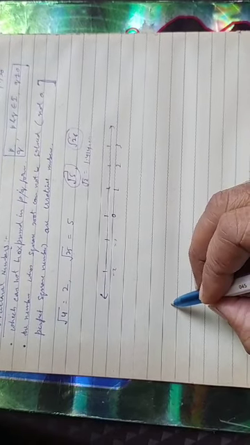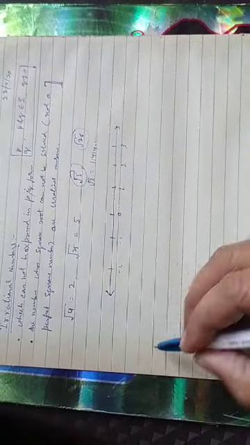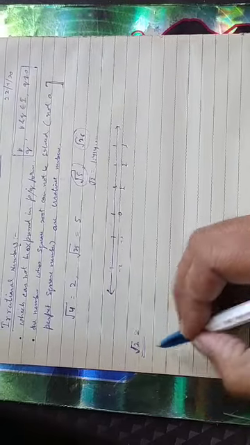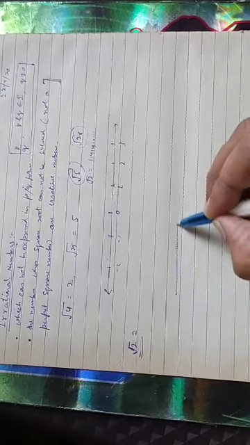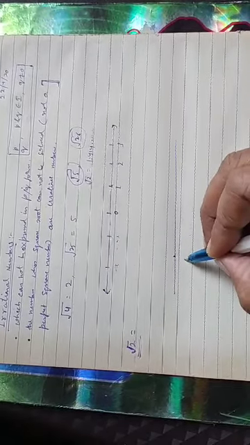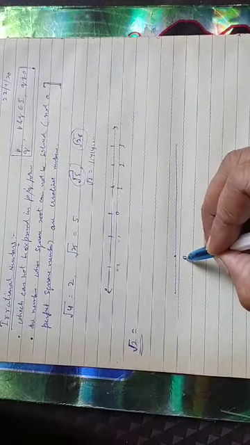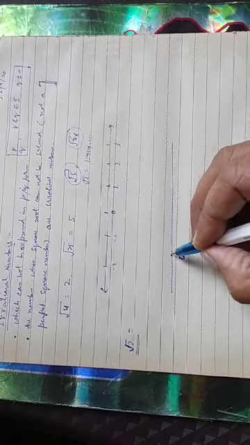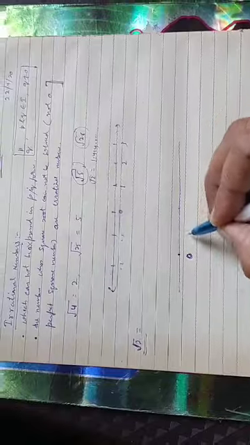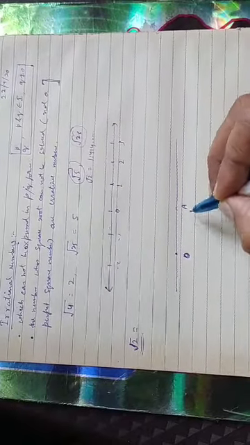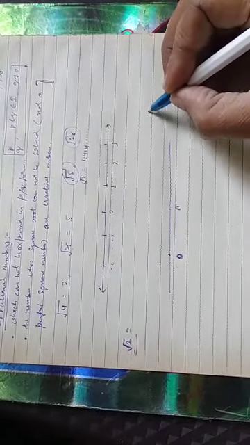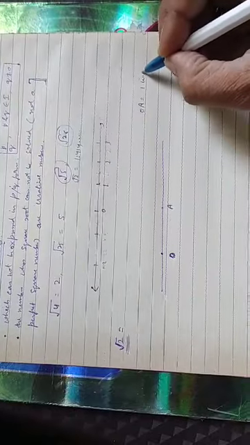So for this purpose you have to use a scale and pencil. First example I am taking is root 2. Representation of root 2 on the number line. Draw a straight line, mark a point, let it be 0 and denote it by the symbol O. This is the starting point. Place a point A here, such that OA is equal to 1 inch.